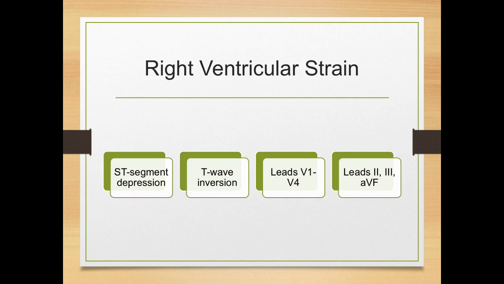With right ventricular strain, we're going to see ST segment depression with an inverted T wave. If we see ST segment depression and T wave inversion, so a negative T wave, in leads V1 through V4 and/or the inferior limb leads 2, 3, and AVF, we're going to call that right ventricular strain.